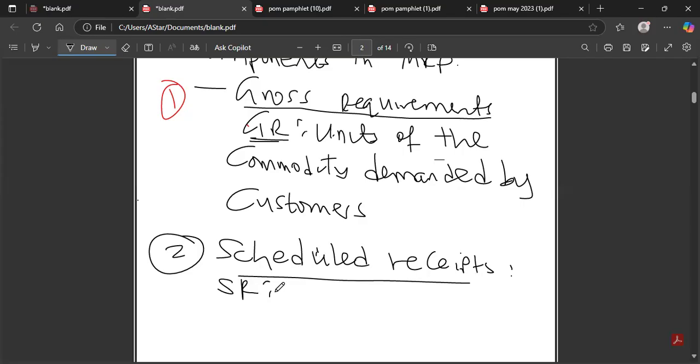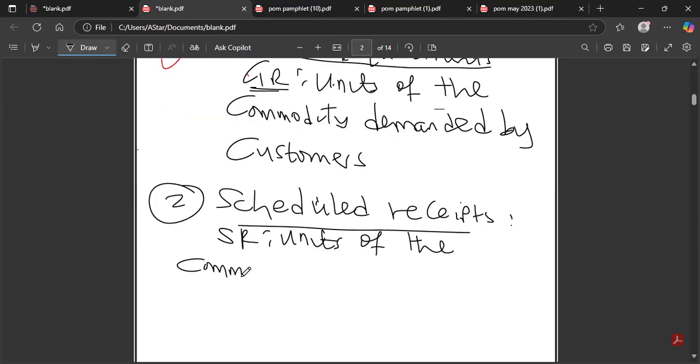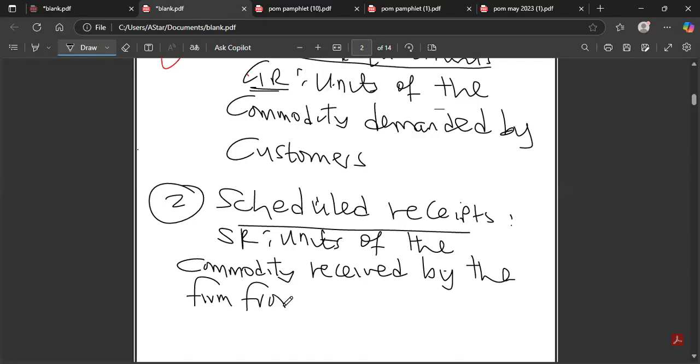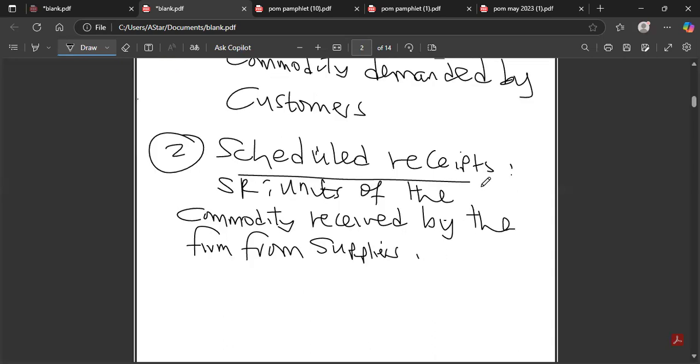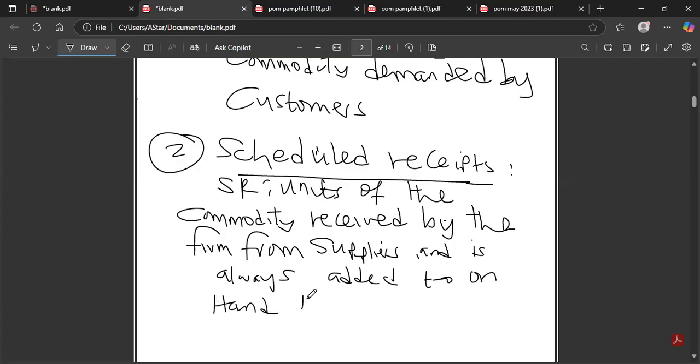Scheduled receipts, which is SR. These are units of the commodity received by the firm from suppliers, and is always added to on-hand inventory.